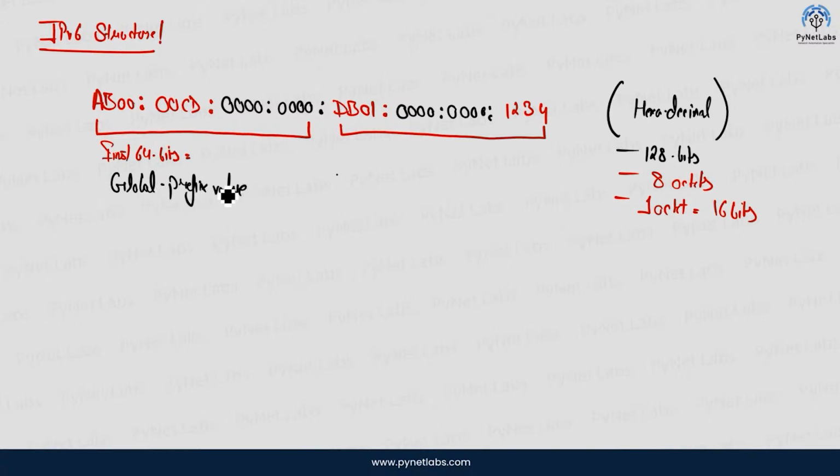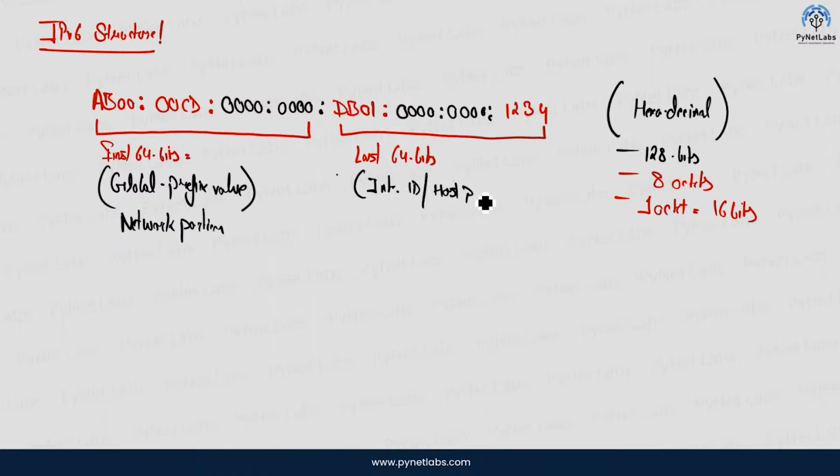Global prefix value is nothing but what we consider as the network portion of IPv6. And similarly, the last 64 bits are the interface ID, which you can say is the host portion as well. So that's how we are going to deploy IPv6, and we need to understand this as well.